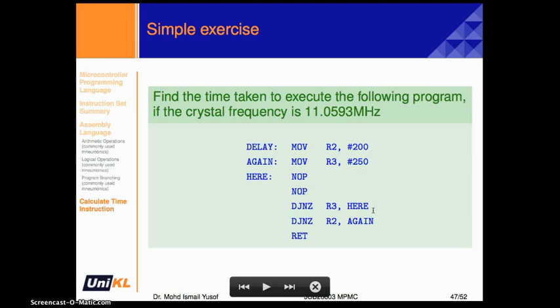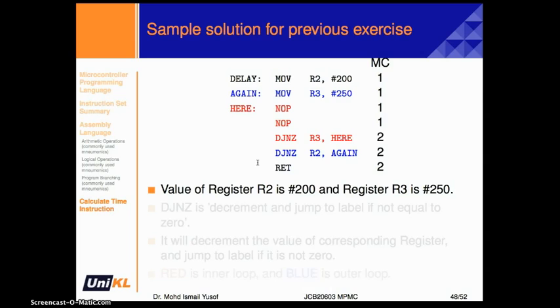It is a little bit tricky, whereby the first DJNZ belongs to these three lines, which we can call the inner loop, and the second DJNZ goes to AGAIN, which is this one. So AGAIN is actually the outer loop. Okay, on the first line, the value of register R2 is 200 decimal, and the value of register R3 is 250 decimal.